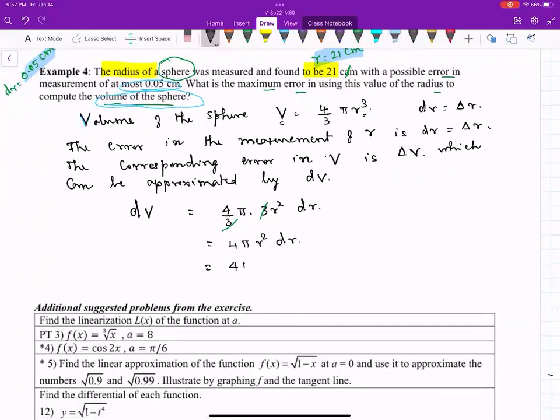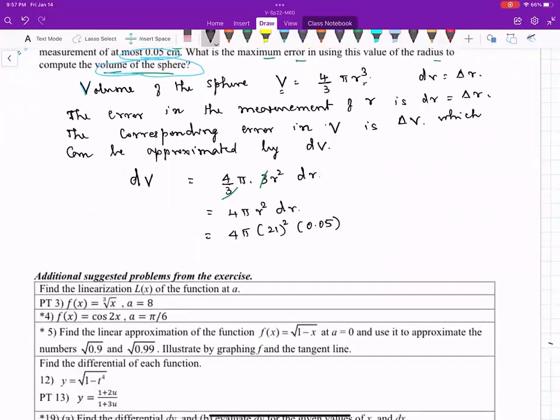So it is 4 pi times 21 square times 0.05. Radius square will be 21 centimeter times 21 centimeter, so you have centimeter square from here, then 0.05 in another centimeter. So volume will be centimeter cube in terms of measurement.